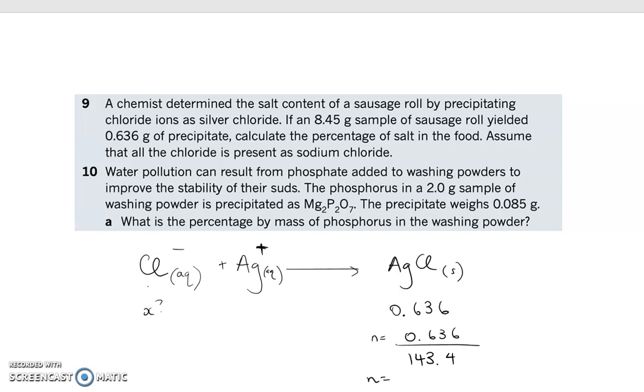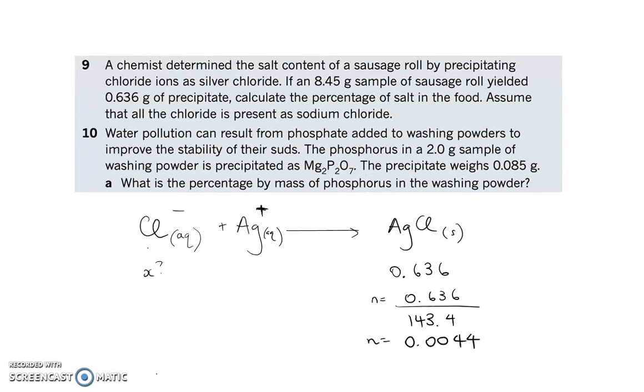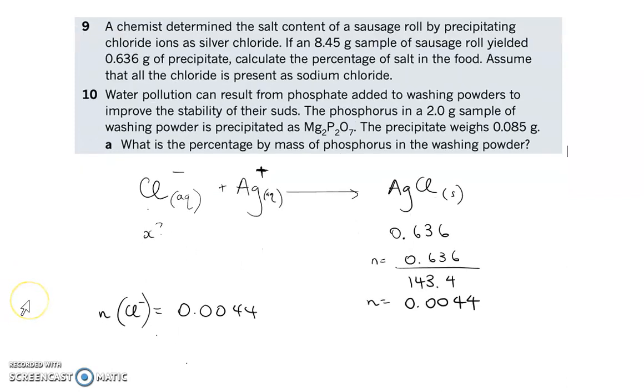So the moles that I have here are 0.0044. Okay, so then we can see that the moles of chloride ion here are going to be the same because I've got a 1-to-1 ratio there, 0.0044. I could go through the process of using the molar ratio, but I'm hoping you can see it's just a 1-to-1. So the moles of chloride ions that I have are 0.0044.